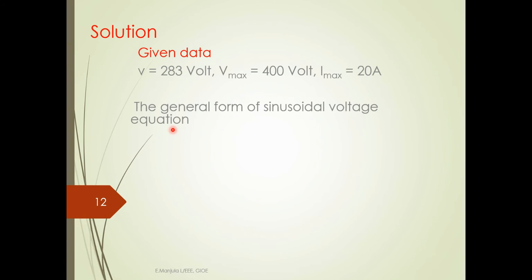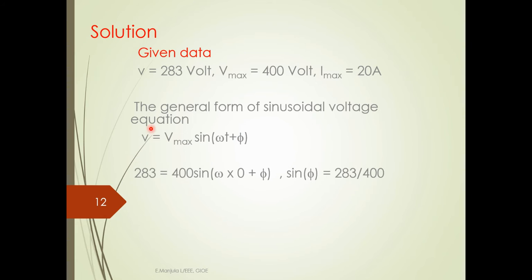The general form of the sinusoidal voltage equation is V equals V maximum sine of omega t plus theta. So V is 283, V maximum is 400, sine of 0 plus theta, that is sine theta is equal to 283 by 400.